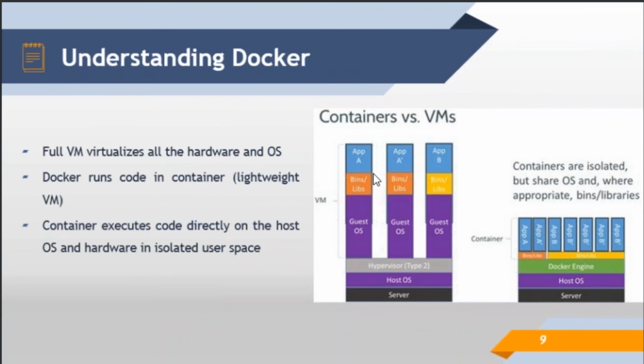If you want to understand Docker in a simpler way, this is a self-explanatory image we have just created for you. When you implement a VM, in each VM you have to implement the underlying binaries and underlying libraries, and only then your application will execute.